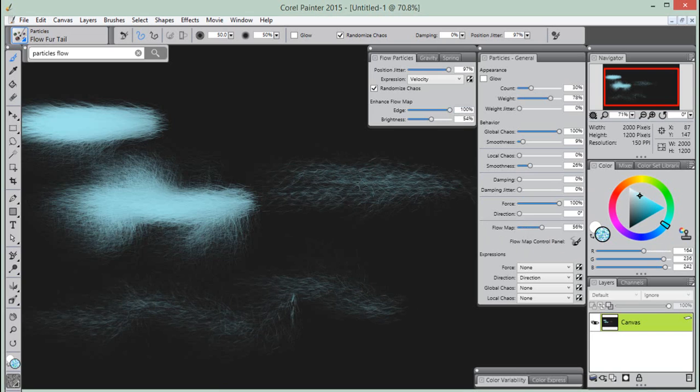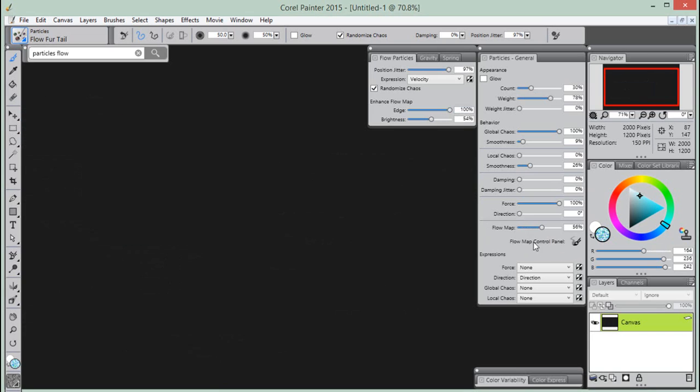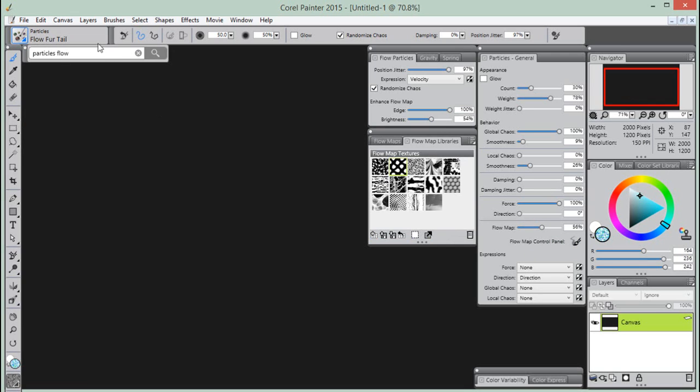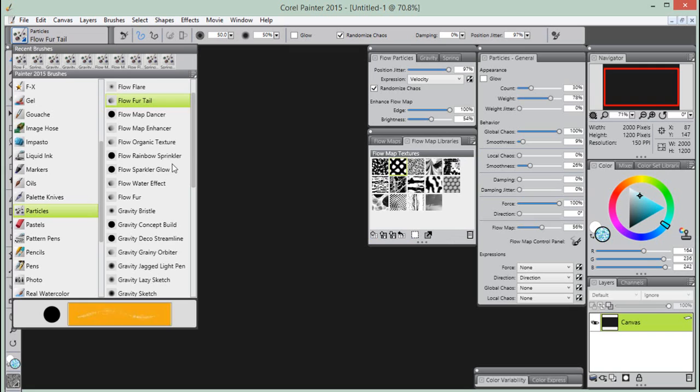For flow particle brushes, and variants thus named, the effect is much stronger, and the particles are magnetised to the edges of the flow map.